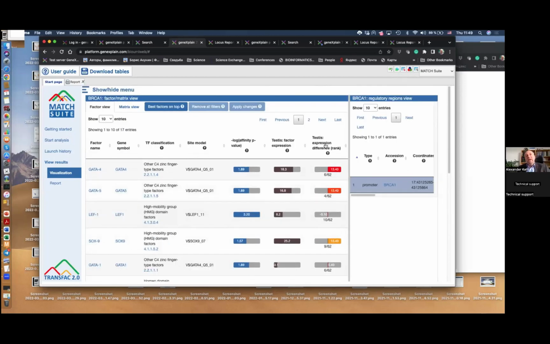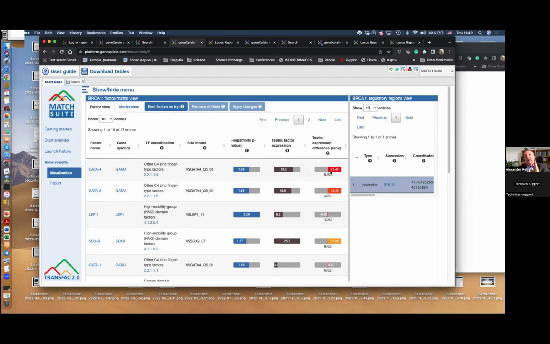And then this column is very interesting. You can read about it in the report. It's expression difference. What it does is take the expression value of that gene in all other tissues and compare the expression in testis to the average expression of that gene in other tissues.